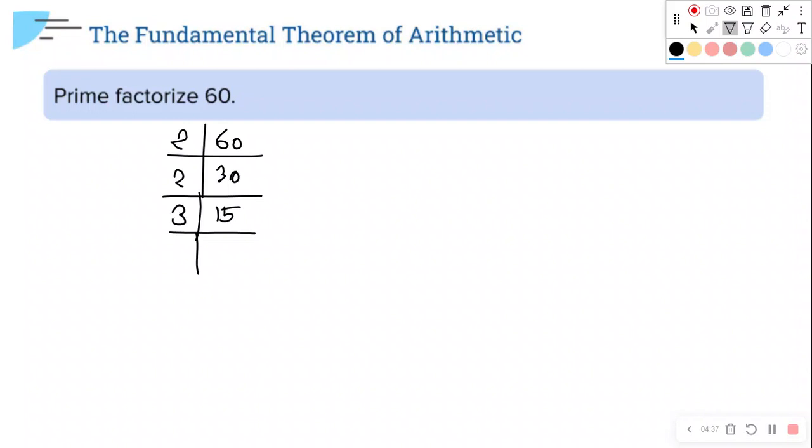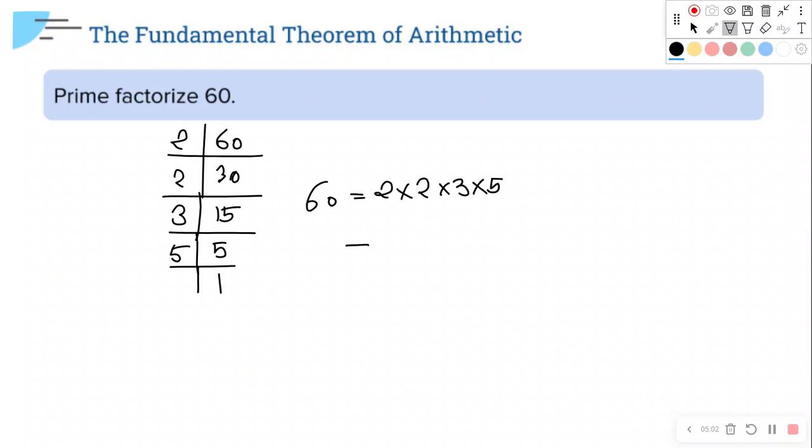Yes, it is. 3 and 5. Now what do I divide 5 by? Now when 5 comes, you divide 5 by itself and get 1. As soon as you get a prime number, you stop. So what factors do we get? This means 60 can be written in the form of 2 into 2 into 3 into 5.